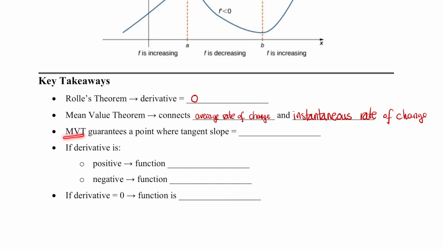Mean value theorem guarantees a point where the tangent slope equals the secant slope. If the derivative is positive, then the function is increasing. If the derivative is negative, then the function is decreasing. If the derivative equals 0, then the function is constant.